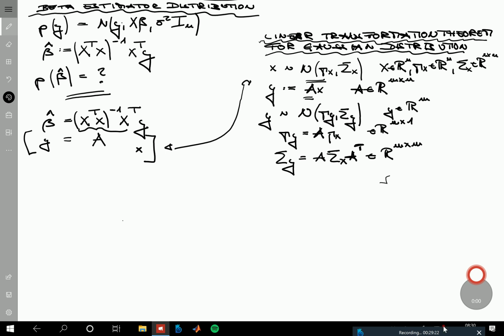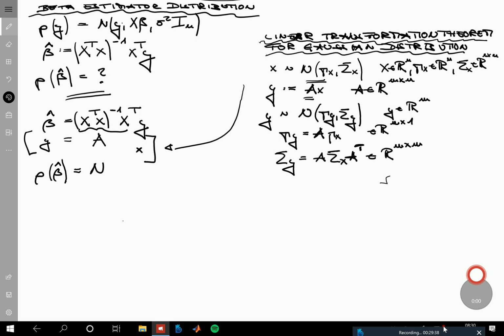What's this? So basically, we already can say something about the distribution of the beta parameter estimates, namely that it's normally distributed.